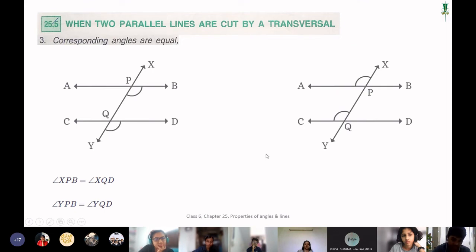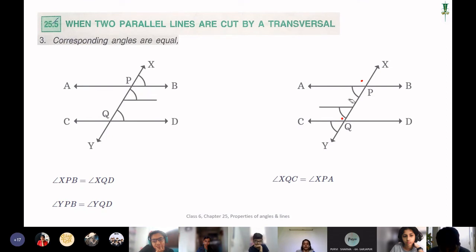This is just showing you the different angles. In this case, angles XQC and XPA. XQC is this one, and XPA is this one. One is in the interior, one is in the exterior, but they are both on the same side of the transversal.